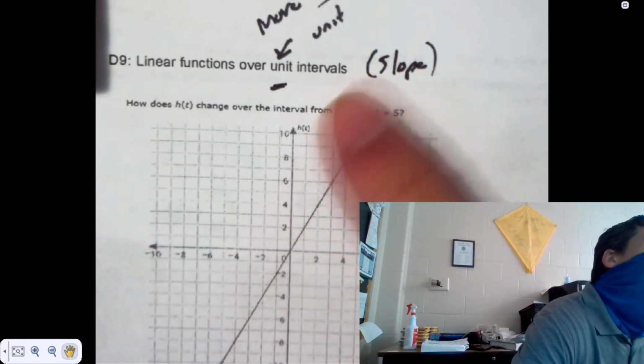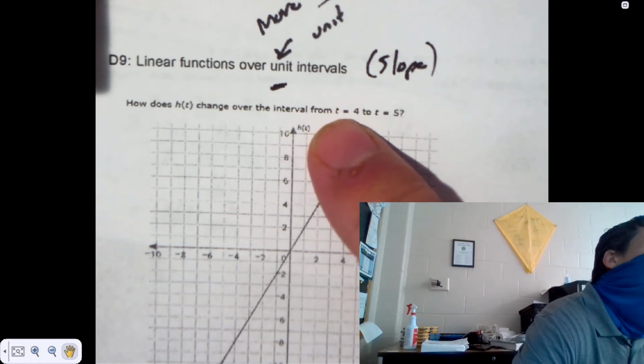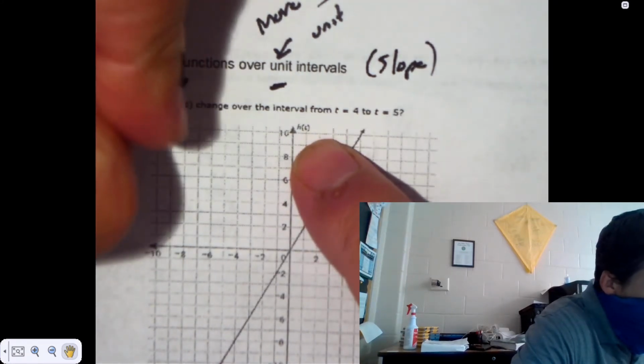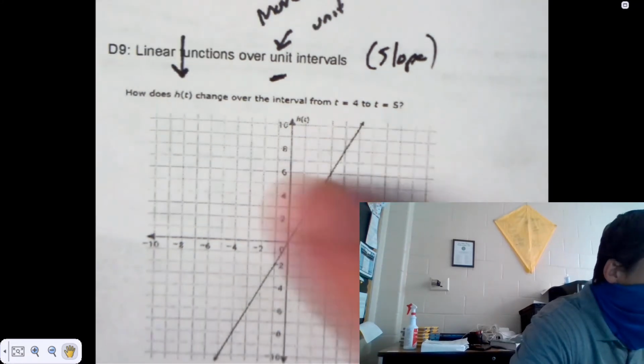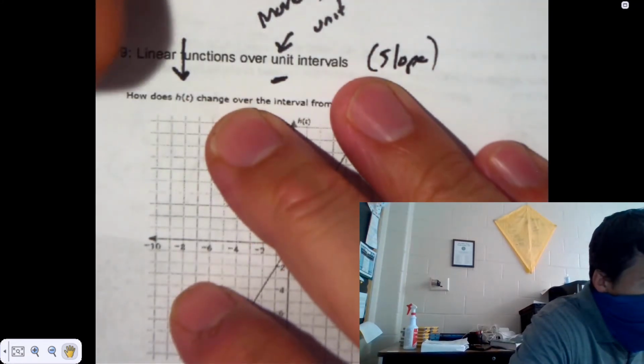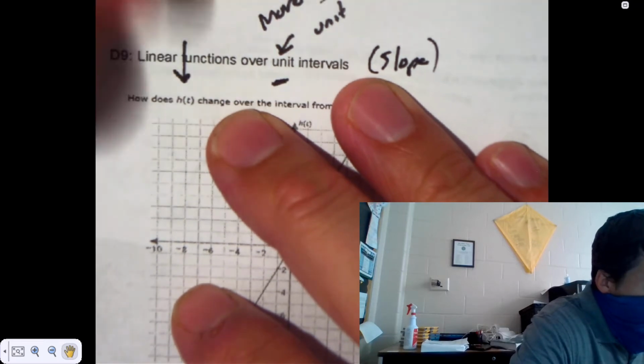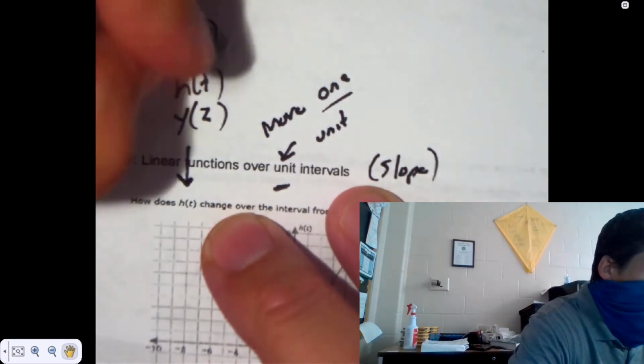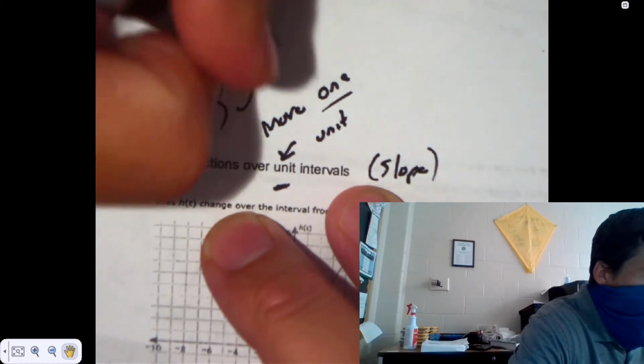So how does h of t change over the interval from t equals 4 to t equals 5? Now this is that funky function notation. When you see stuff like f of x or h of t or y of z, things like that are just fancy references to y.